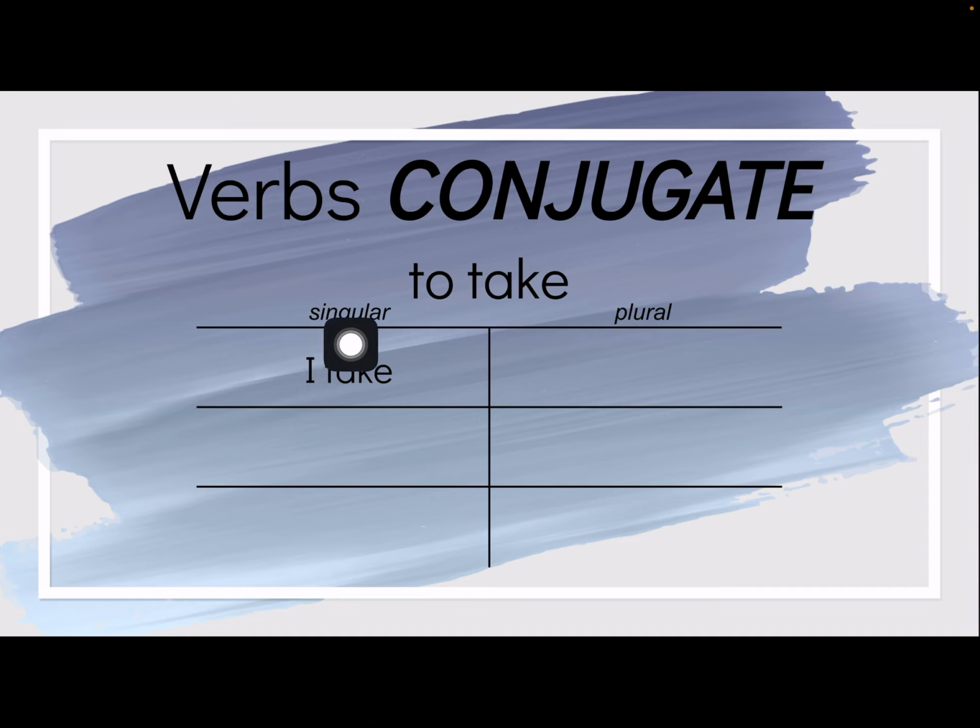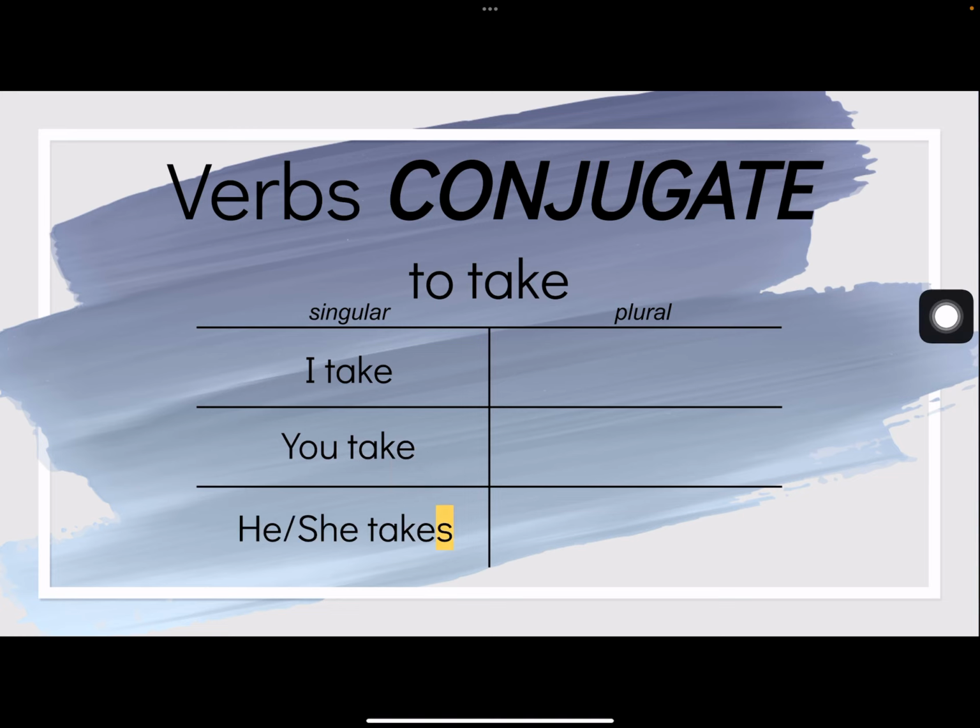This is singular, first person singular. I take. Just to make a reference of like where you guys are doing. To talk about what you're doing in Spanish, we do the same thing in English. First person singular, I take. Second person singular, you take. Third person singular can be he takes or she takes.